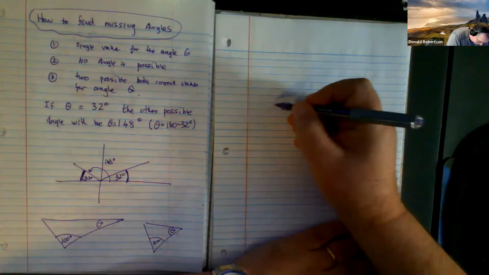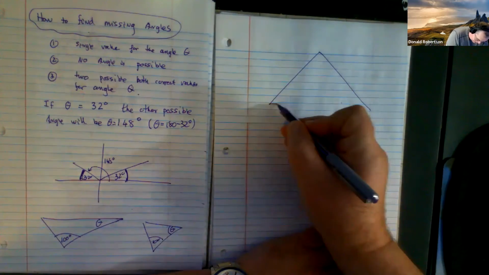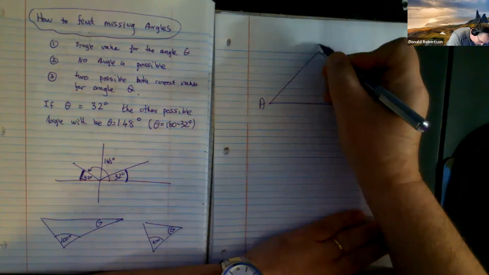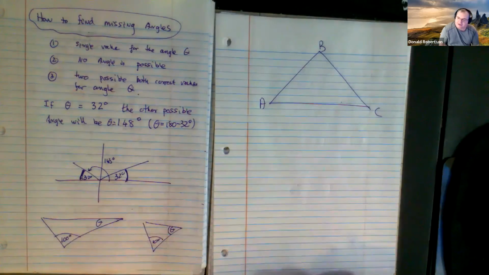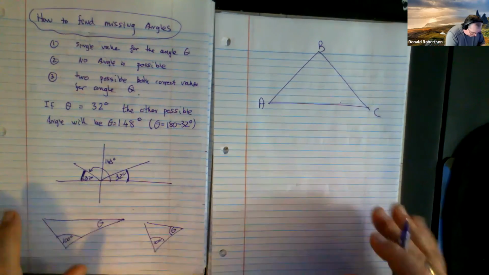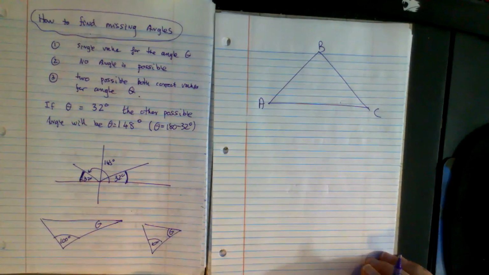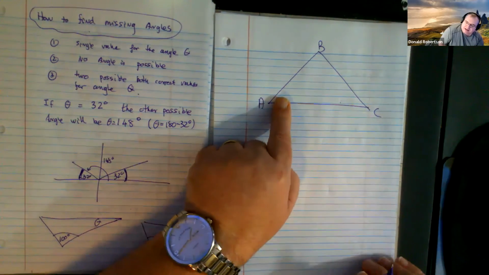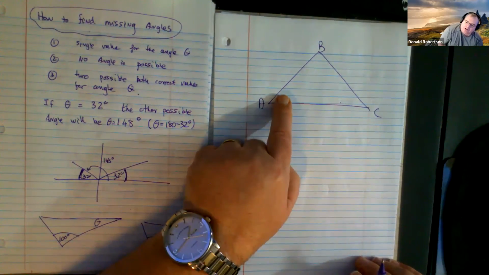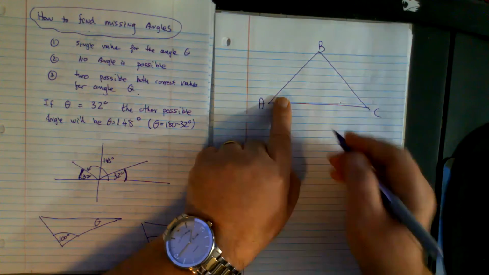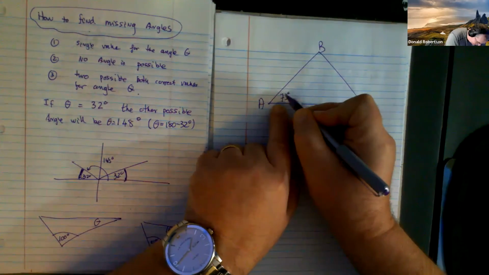So I'm going to randomly make a triangle, making no attempt to be accurate or to scale. I'm going to call it ABC because I like those. Somebody give me an angle for A, and I want you to make this angle less than 90. Just give me any angle you like, less than 90. 73. 73 degrees, right?